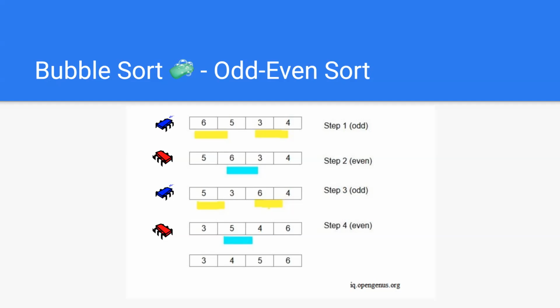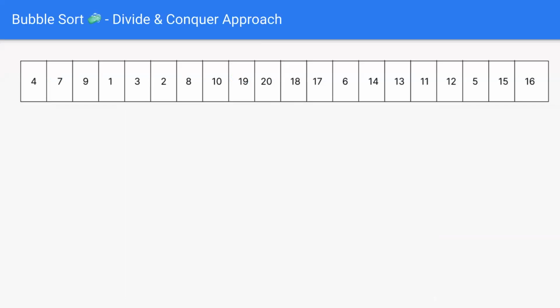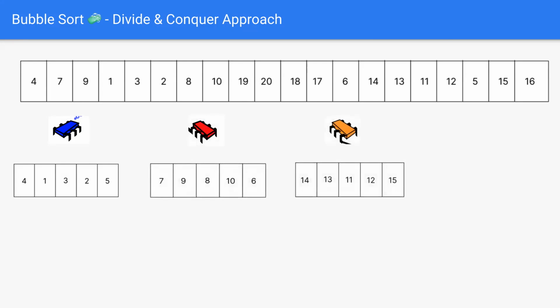And now moving on to the divide and conquer approach. When we hear divide and conquer, usually we think of recursive algorithms. So we decided to take an iterative approach. In this example here, we have an array of size 20, where the maximum number is also 20. For our approach, we decided to split up the array into the amount of threads that we had. So in this instance, we have 4 different threads, and we split up the sublists.